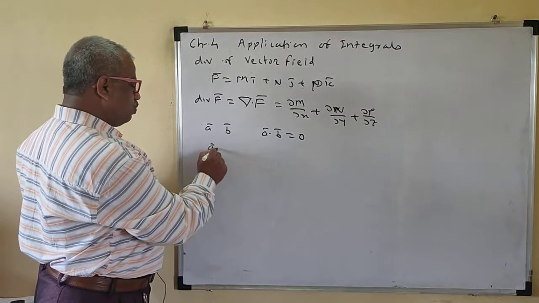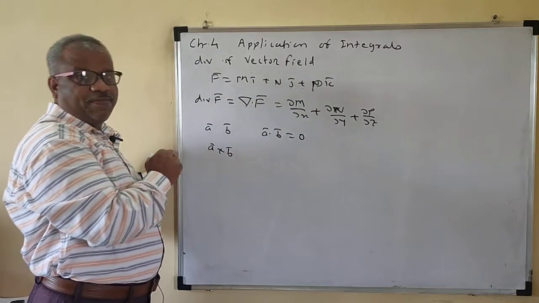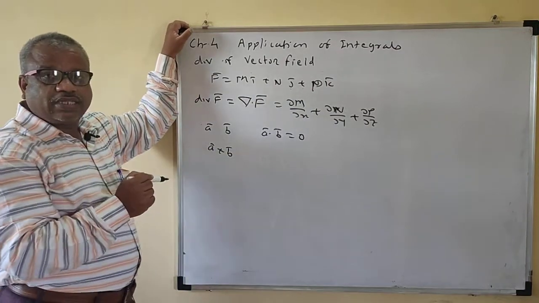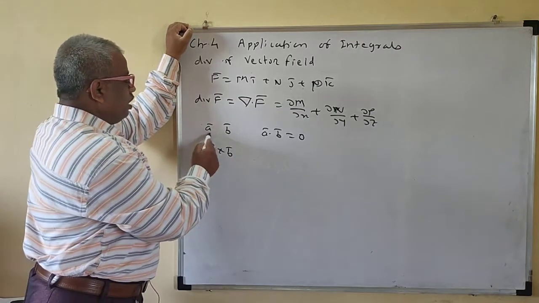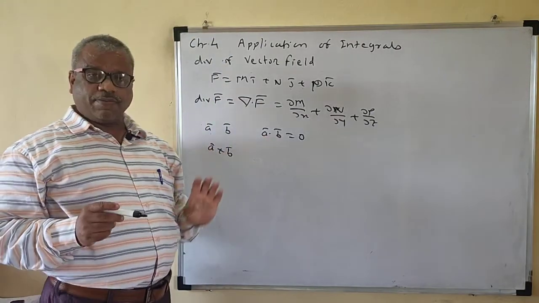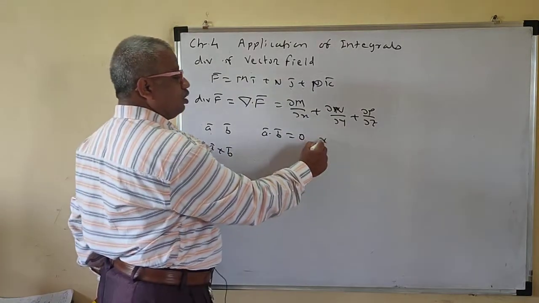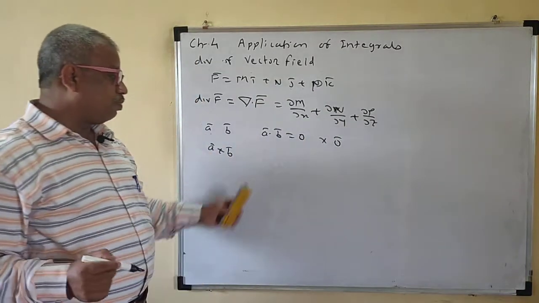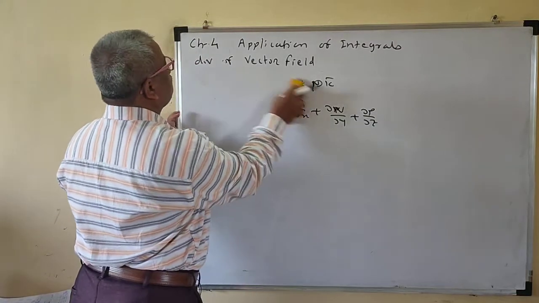And a bar cross b bar is a vector which is perpendicular to both a bar and b bar. If a bar and b bar are perpendicular, then a bar dot b bar is 0, not 0 bar, because the dot product of two vectors is not a vector. The dot product of two vectors is a scalar quantity.